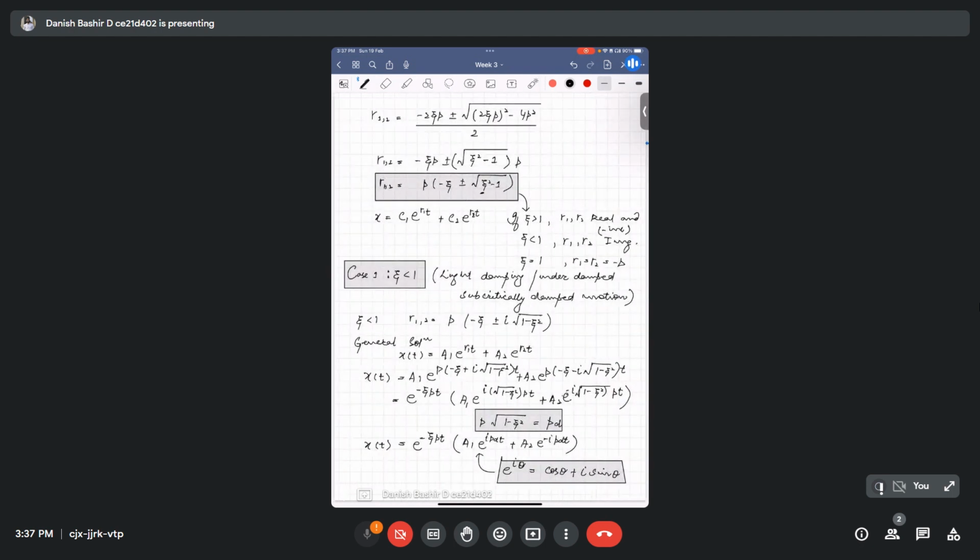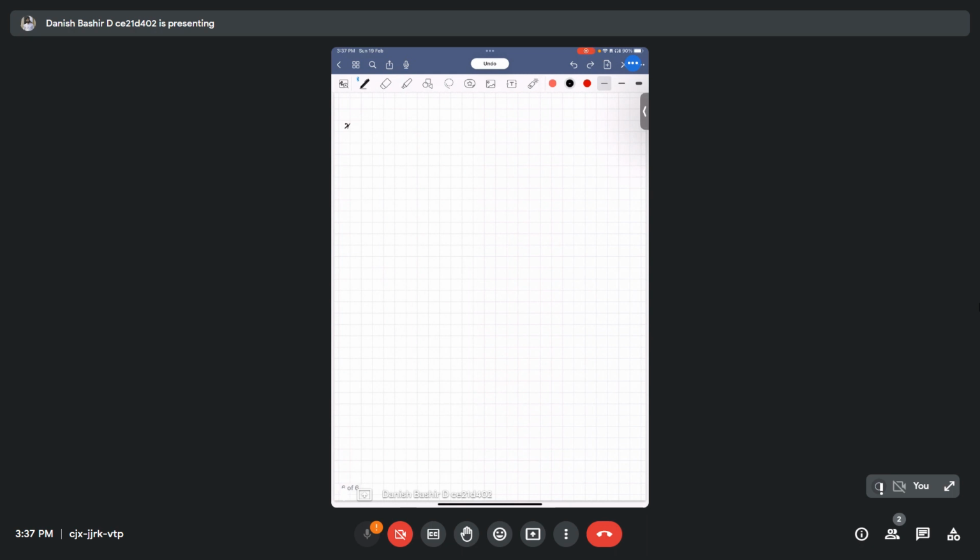So we can have x of t as e to the power minus theta pt times a1 times cos pdt plus iota sin pdt, plus a2 times cos pdt minus iota sin pdt.